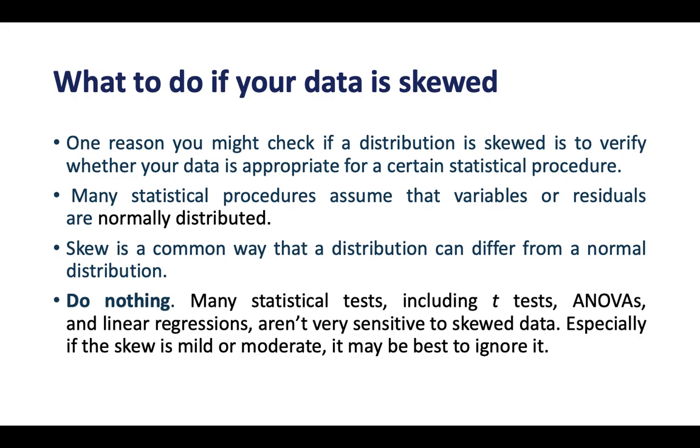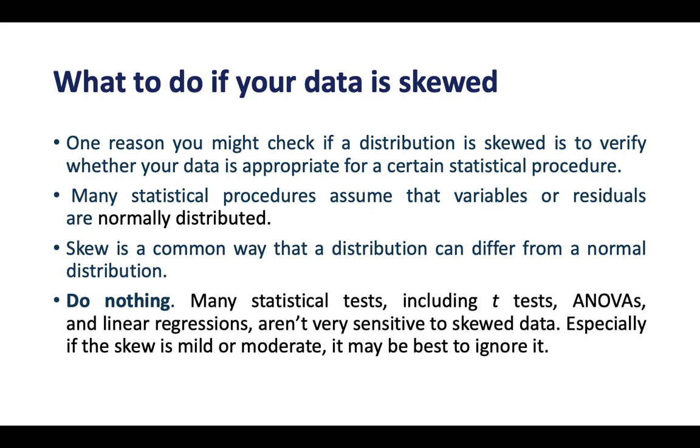So what to do if your data is skewed? If it is zero skewed, that is absolutely fine. It is good for you. But in normal circumstances, it is not. So what to do? One thing is to do nothing.